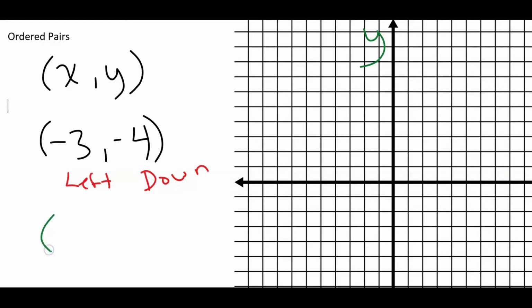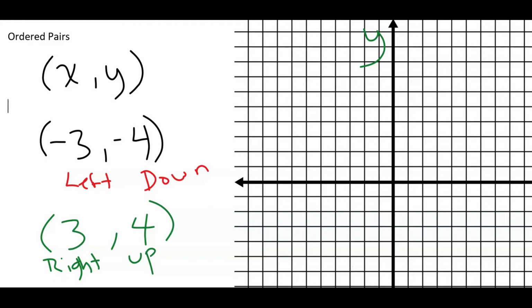Let's say I had the opposite of that, +3, +4. That's telling me I'm going to go right because it's a positive, and positive values from the origin are always going to be to the right. And that +4 tells me I'm going to go up. So negatives are left if they're x values, down if they're y values. Positives are always going to be right if they're x's, up if they're y's.